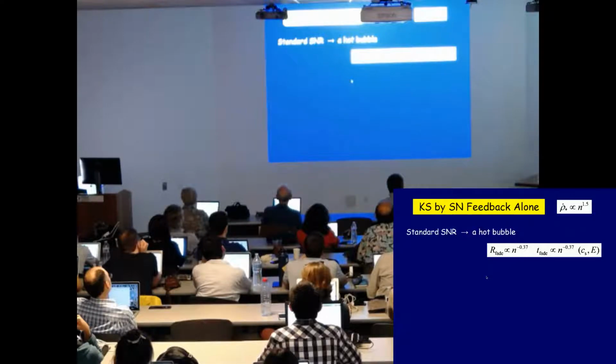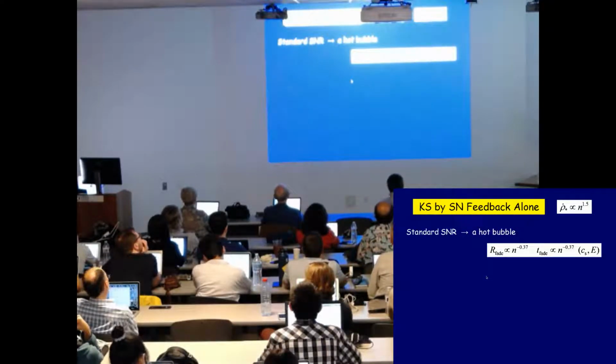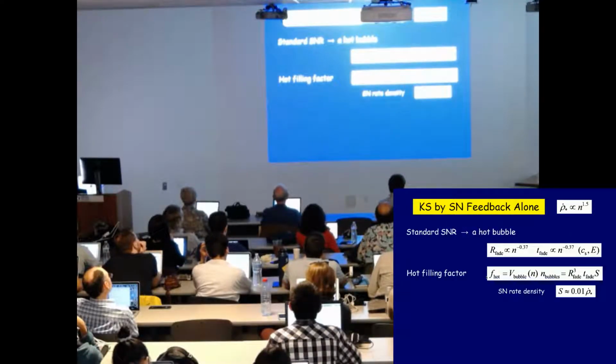And the fading time, the time by which the supernova reaches this phase where it fades into the ISM, also depends on number density the same way. It also depends on the speed of sound or turbulence of my ISM, which I'm assuming is a constant, and the energy of the supernovae.